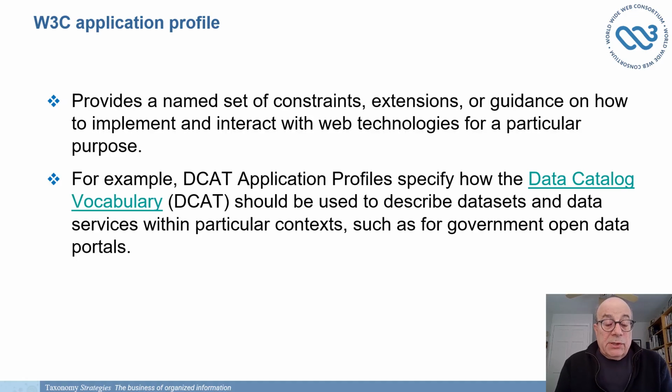A W3C application profile is a specification that defines a particular way of using one or more base specifications to achieve a specific function or interoperability goal within a community of practice.